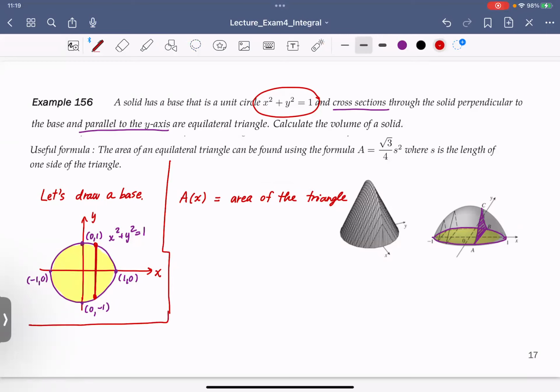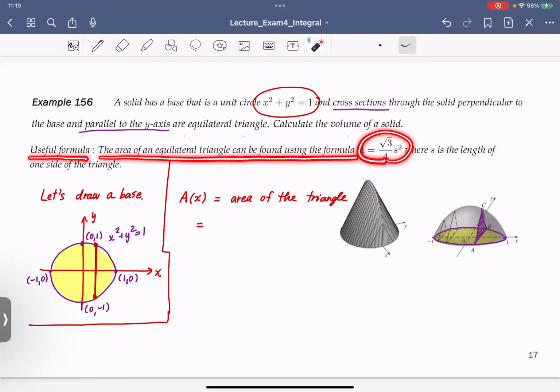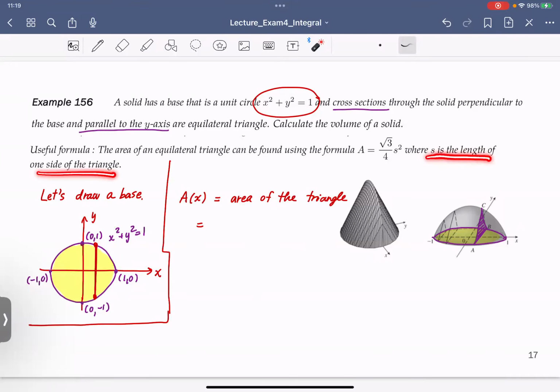All right, so the area of the triangle, we have a useful formula here. The area of an equilateral triangle can be found using this formula, where s is the length of one side of the triangle. Equilateral triangle means a triangle with the same length on each side.